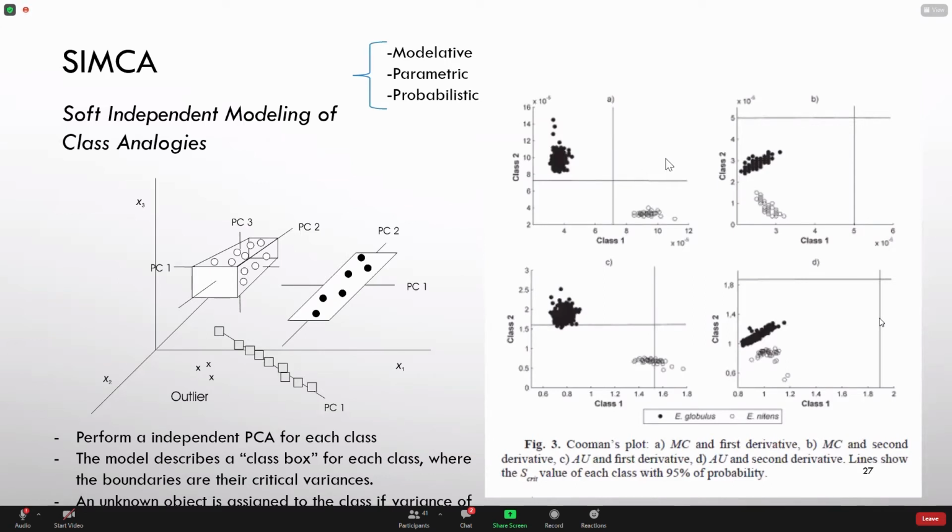And if the sample is here, it is not under the critical value for class 2, so the sample cannot be assigned to class 2, nor to class 1. So we have 4 quadrants here. This is the case when the sample belongs to both classes, to neither class, just to class 1 and just to class 2. And this is the advantage of SIMCA, to be a modeling method which can give us information about the classification of the samples.